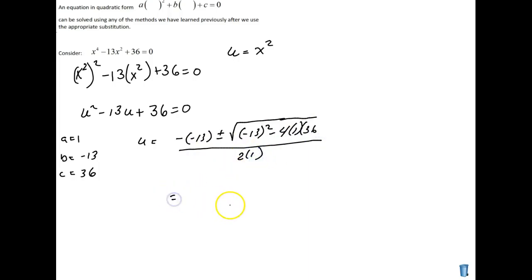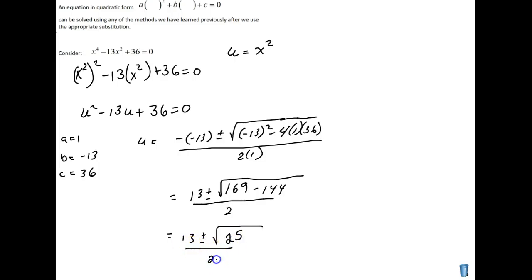Remember, when we simplify, we're going to get 13 plus or minus the square root of 13 squared, which is 169, minus 4 times 36, which is 144. I realize I forgot the other half of my parenthesis there. And this is all over 2. So that is equal to 13 plus or minus the square root of 25, all over 2.